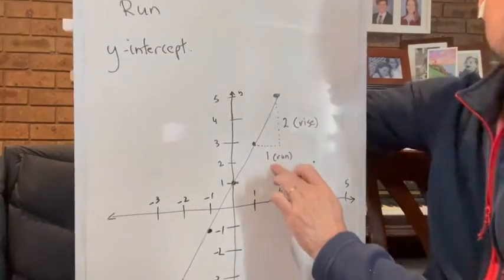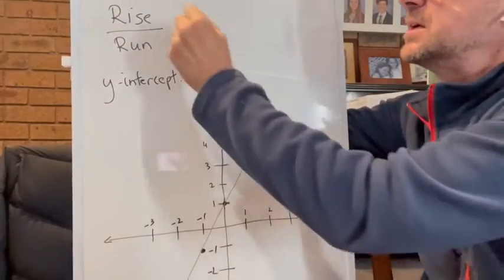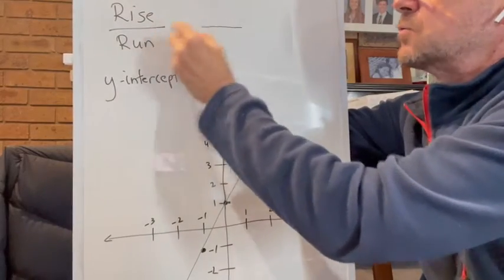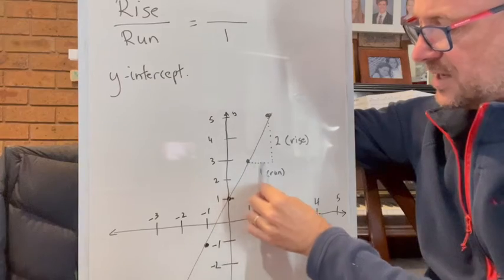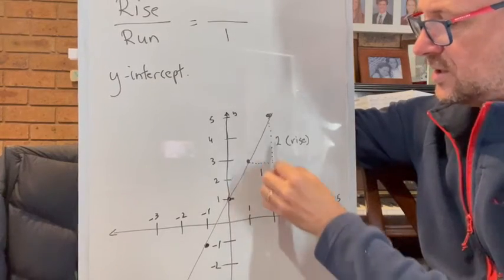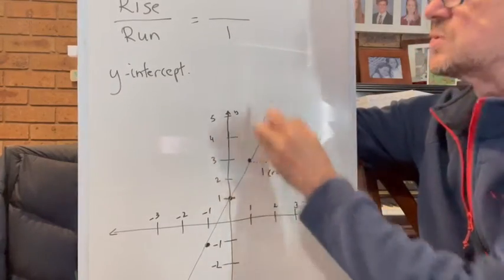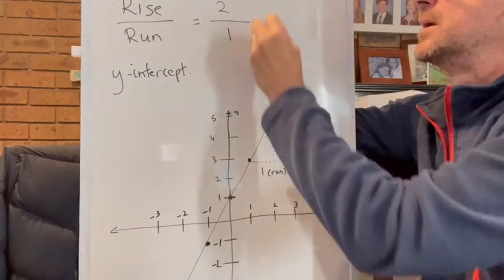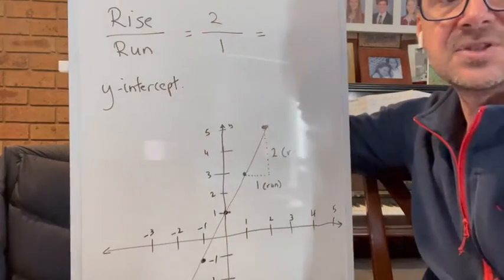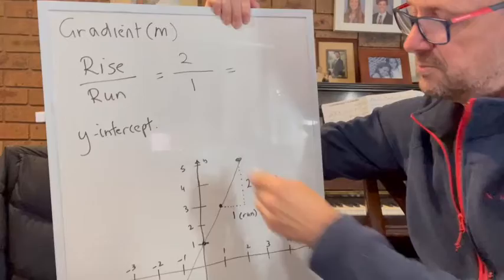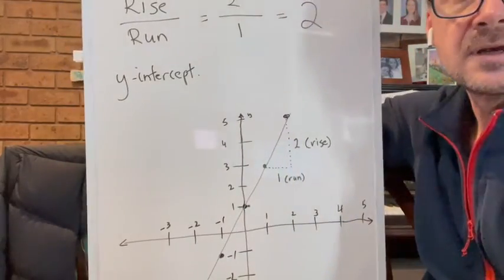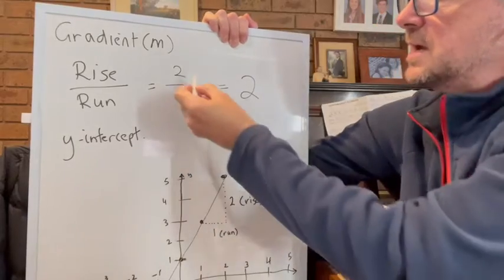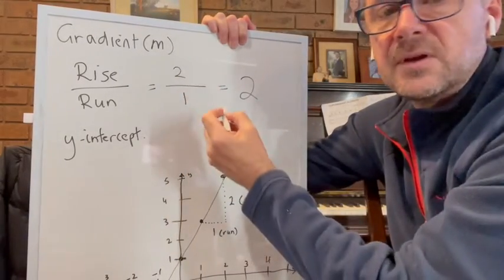In our run equation, the run here is 1. In that same distance that it runs, it has risen 2 sections, so it's 2 over 1. So our gradient for this particular line here is 2.